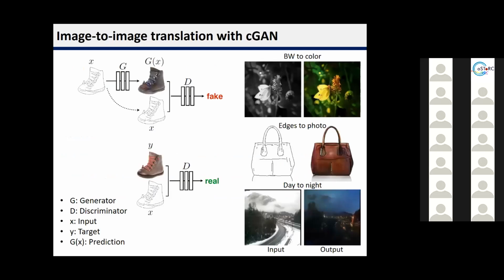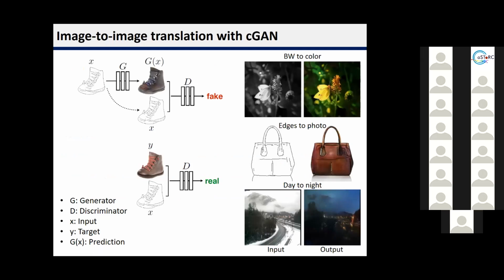For the image-to-image translation, we utilize a general purpose conditional GAN, where the coarse-grained configurations were employed as input and the atomistic counterpart served as ground truth.